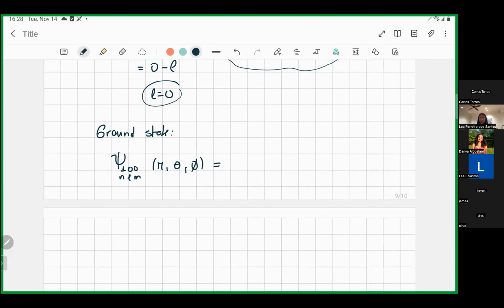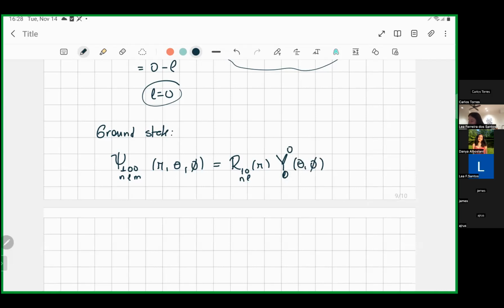Okay, so now let's try to fill all these parts. For the radial part, N and L are 1 and 0. That's what we need. The spherical harmonics is Y with L, and L here is 0, so I'm going to put 0 here. M up here is also 0, with theta and phi.